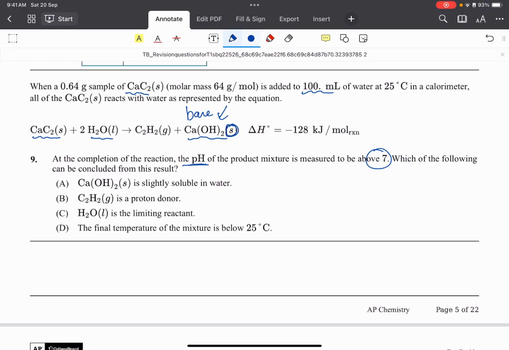Now, there's something about this solid, maybe not all of it dissolved. Which of the following can be concluded from this solution? Ca(OH)2 is slightly soluble. Yes. Proton donor, no, it's not an acid, no, and no, the final temperature remains the same.